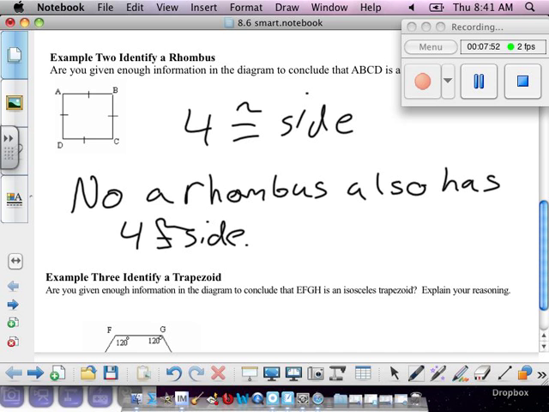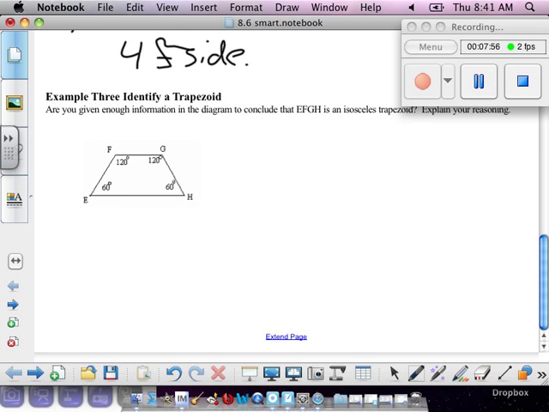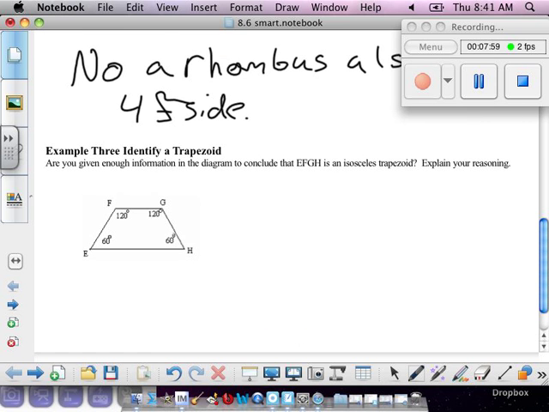All right, let's turn it over and look at example 3. Okay. Are we given enough information to prove that this is an isosceles trapezoid? An isosceles trapezoid. What is the definition of a trapezoid? It has, correct.